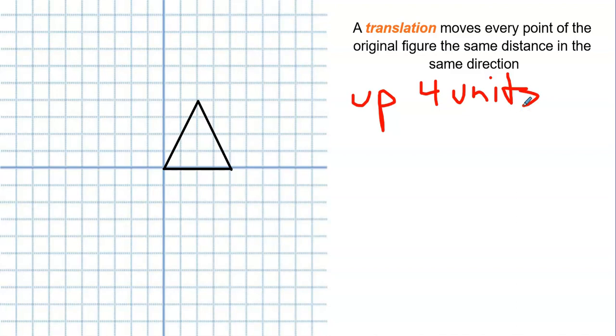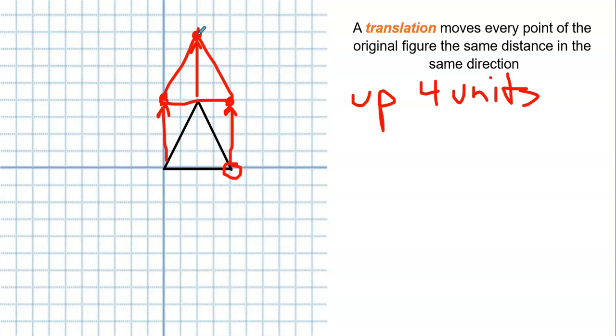But what that means is that every point on this figure is going to move 4 units up. So if we take just this triangle's endpoints and move them up by 4 units, then we're going to see a new geometric object, preimage in black, image in red.